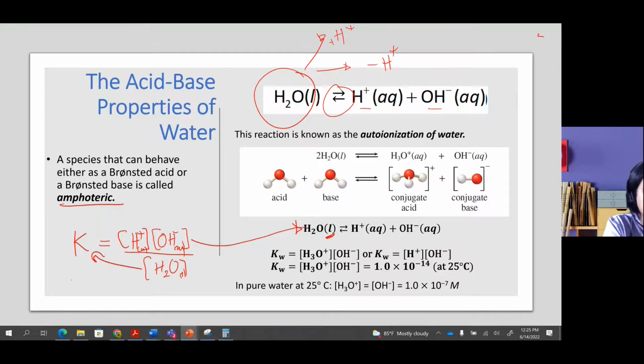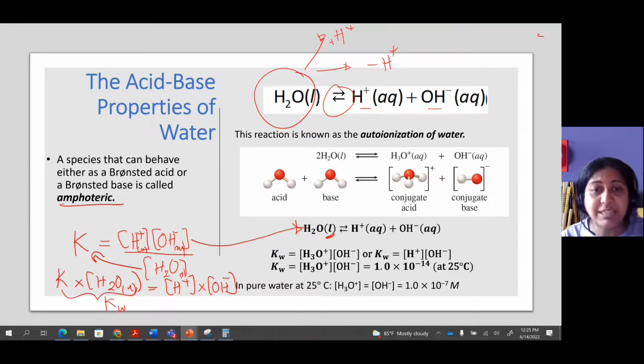So we get a modified constant, which equals the concentration of H plus multiplied by the concentration of OH minus. This modified constant is abbreviated as Kw. That is the equilibrium constant for the ionization of water.